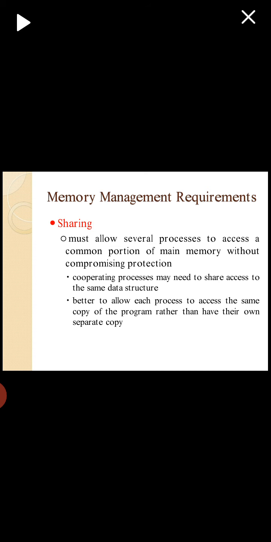Next requirement of memory management is sharing. It must allow several processes to access a common portion of main memory without compromising protection. Cooperating processes may need to share access to the same data structure. It is better to allow each process to access the same copy of the program rather than have their own separate copy.